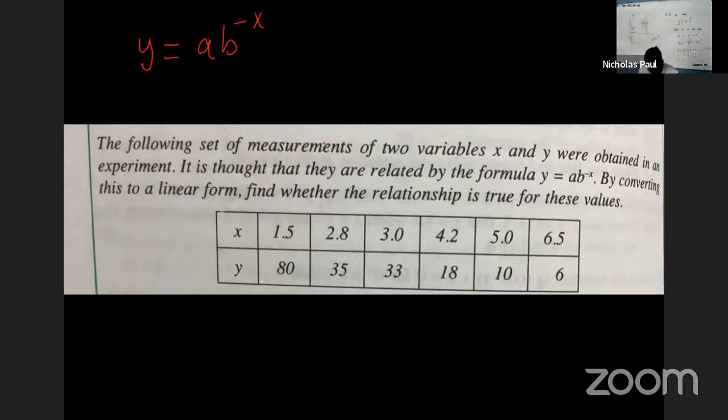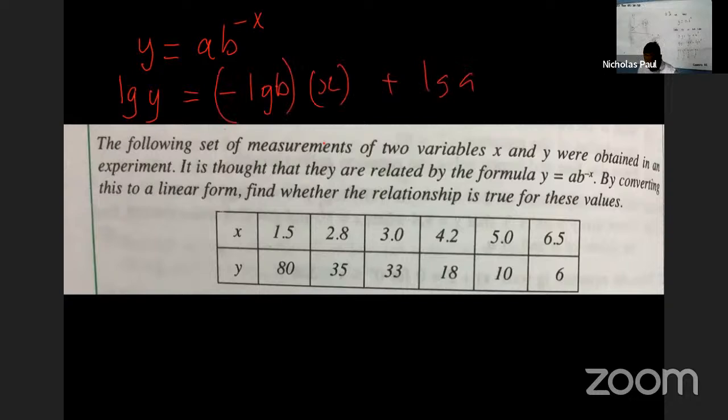Those who are online, your linearization should have looked like this: log y is equal to minus log b times x plus log a. So this is the gradient, this is the x-axis, there's your y-intercept, this is your y.